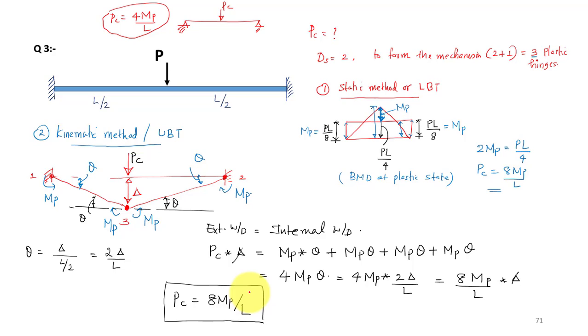So that means the capacity of the beam has increased. When you change your support from pinned to fixed, the capacity, the collapse load, has become 2 times. So you can notice that point here.